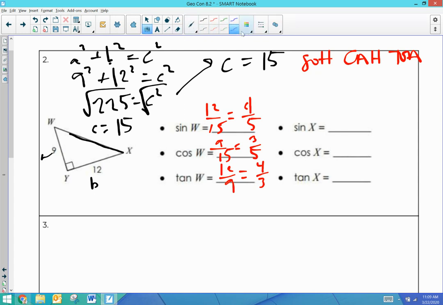All right, and let's do the same thing for angle x now. So for angle x, this is still my hypotenuse. My adjacent side and my opposite side have now flipped. So sine, SOHCAHTOA. Opposite over hypotenuse, 9 over 15. Adjacent over hypotenuse, 12 over 15.